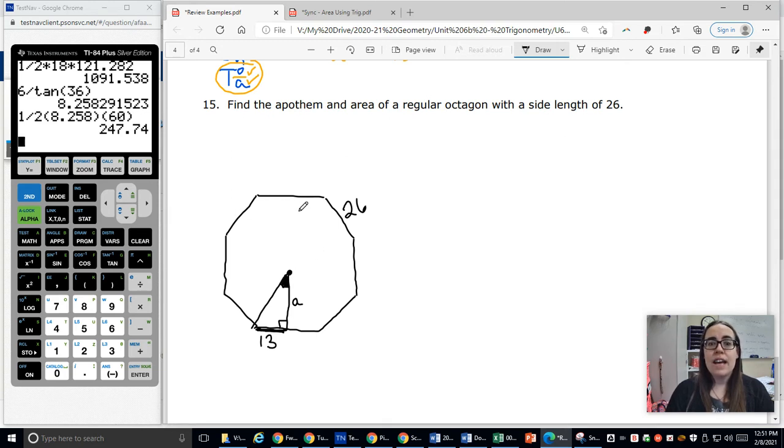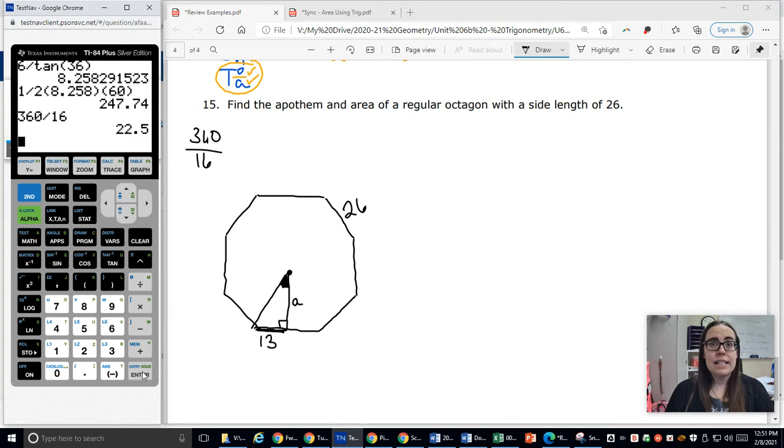I have 8 sides, which means I have 16 little triangles. So I'm going to do 360 divided by 16 to get that the angle at the center is 22.5 degrees. 22.5 degrees is this little tiny angle here.